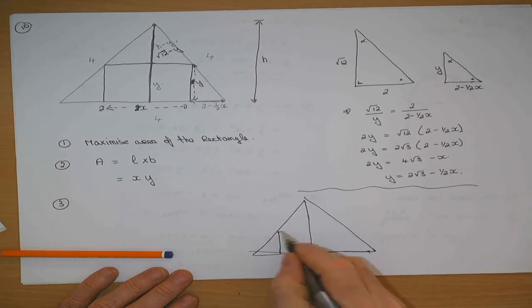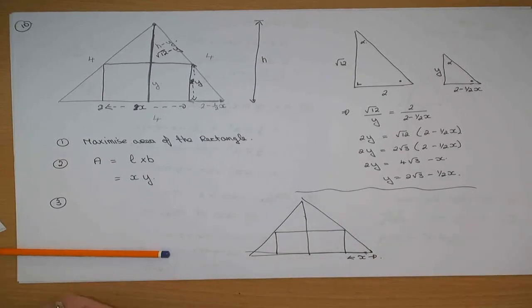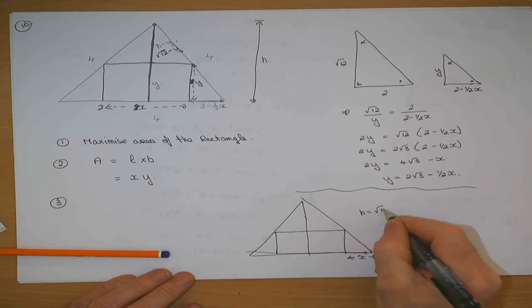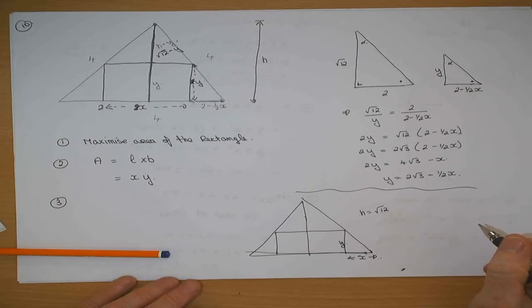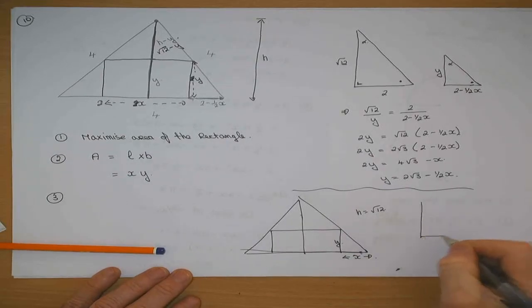There's the rectangle. They're saying that there be x, yes? Okay? And I know the height h is equal to root 12. They're saying that's y. And the bottom will be 2. So there are two similar triangles.